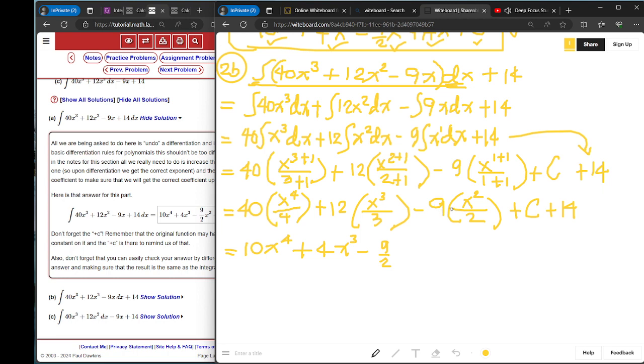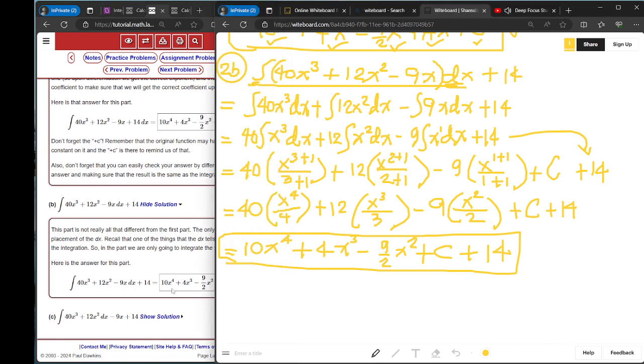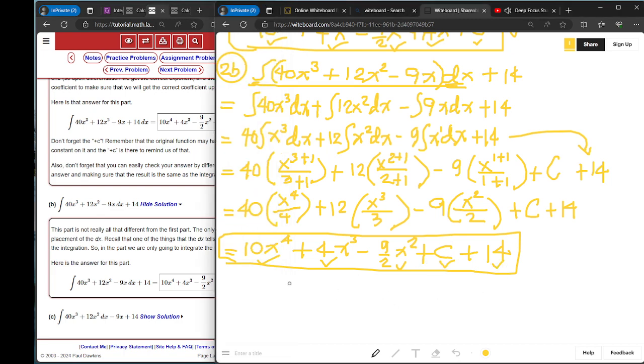It's the same if we write 9x squared over 2, as a fraction, plus c plus 14. So this is now my answer, and we will check this with Paul's answer. Paul said this is 10x to the fourth, 4x cubed, minus 9 over 2 x squared, plus c, then plus 14. So we got the correct answer. So our solution is correct.